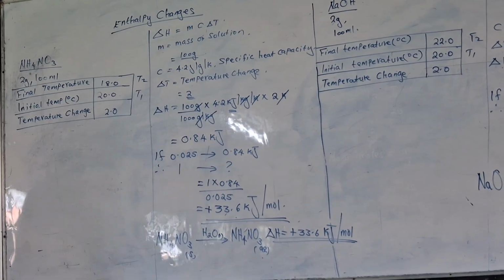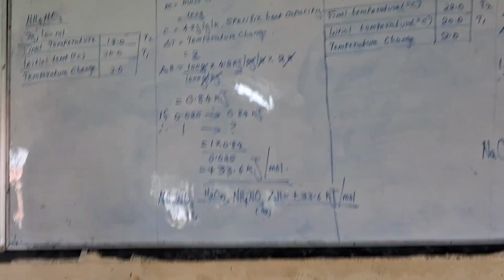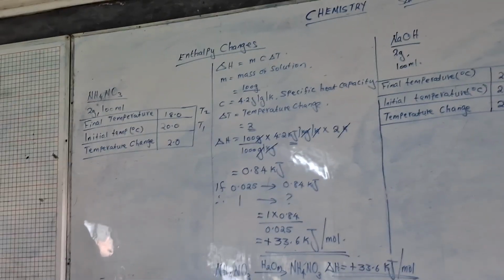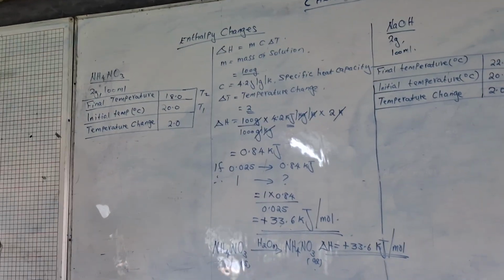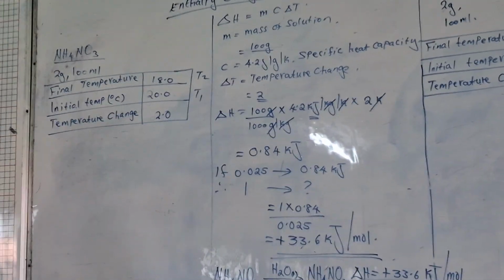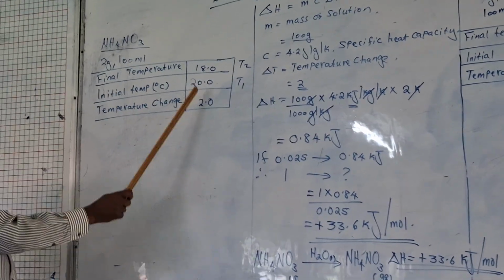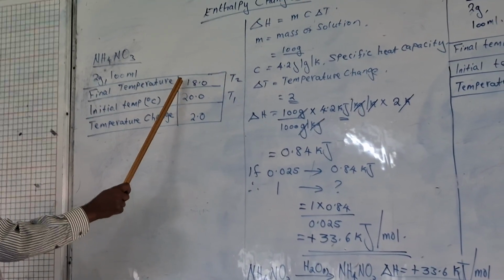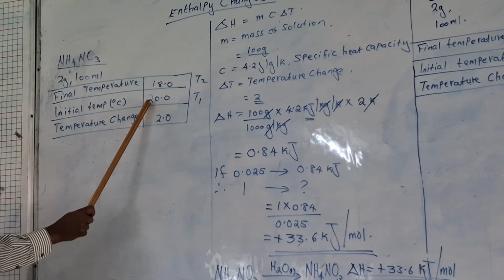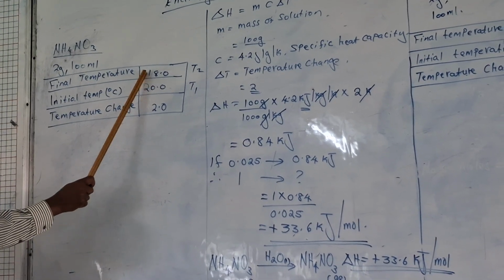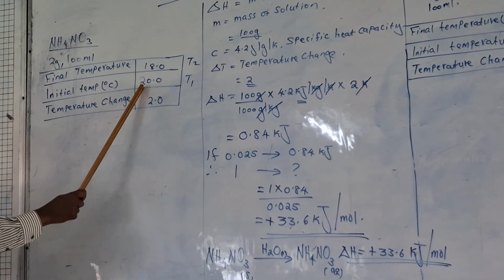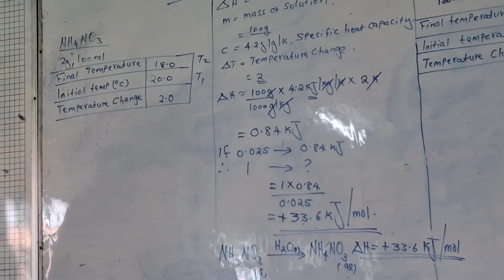Now, how do we know whether this reaction is endothermic or exothermic? That is what we want to know. A reaction whereby the final temperature is lower than the initial temperature is an endothermic reaction.